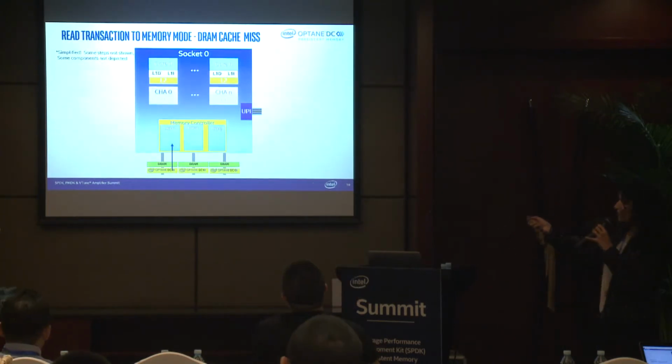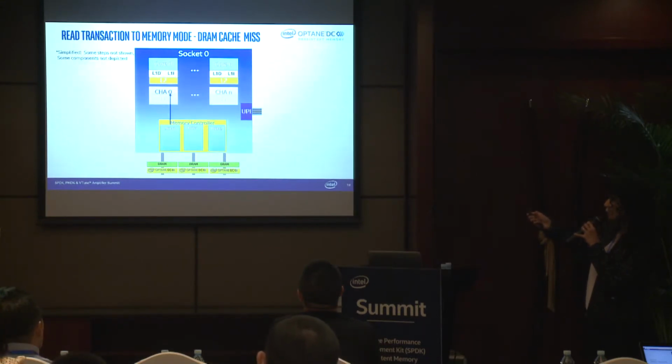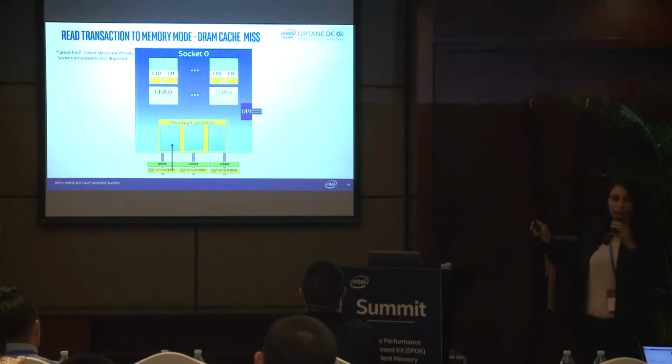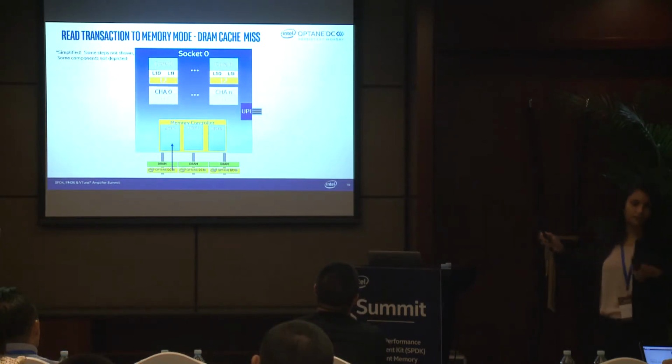When the request is sent to the memory controller, right now I'm just showing you how it's sent back to the core, but there's also a step involved here which happens in parallel, where the missed data is written back to the DRAM cache as well. So the memory controller sends the data back to the core, and at the same time it writes the data to the DRAM cache. Yes.